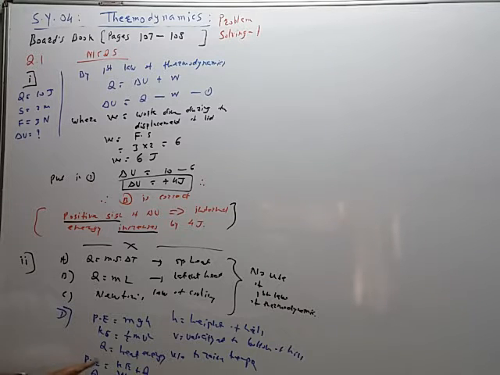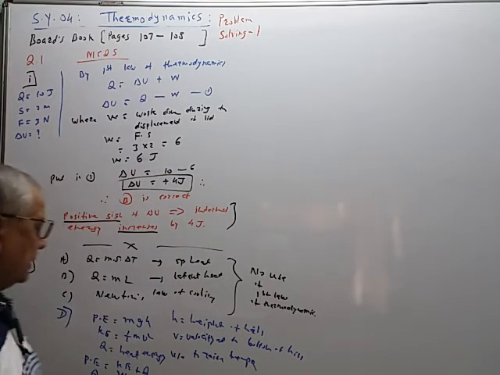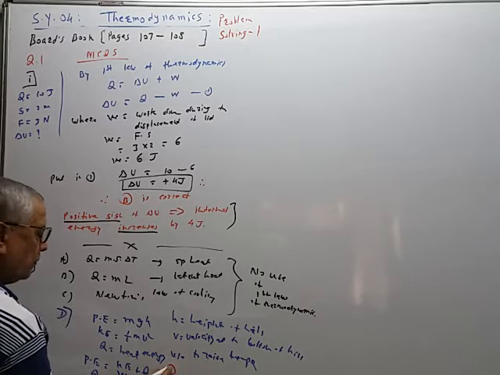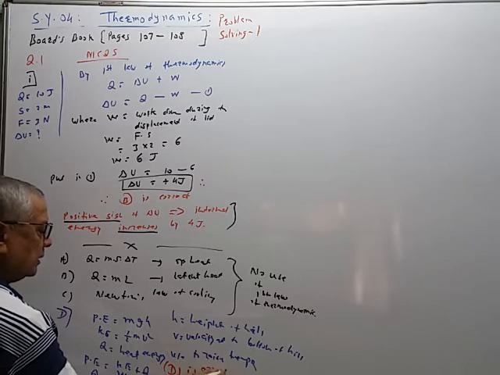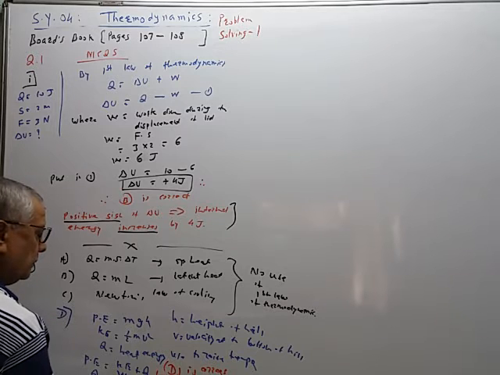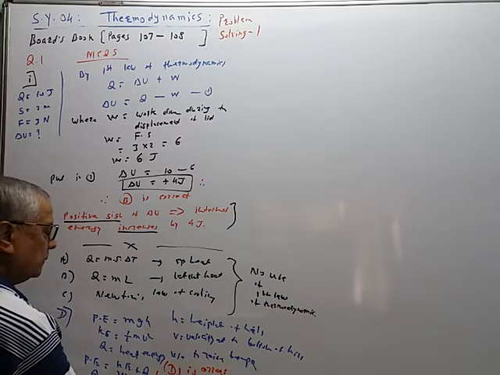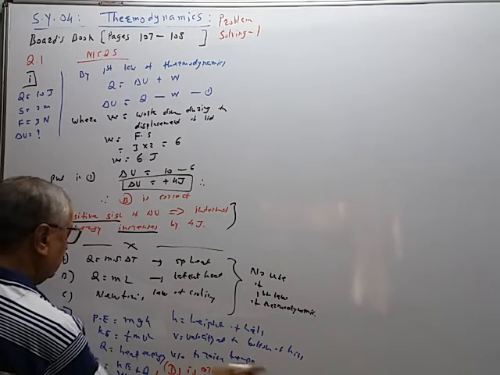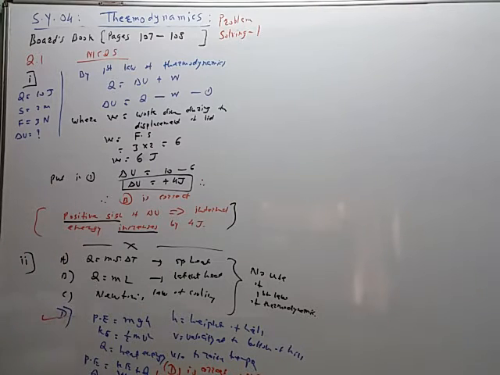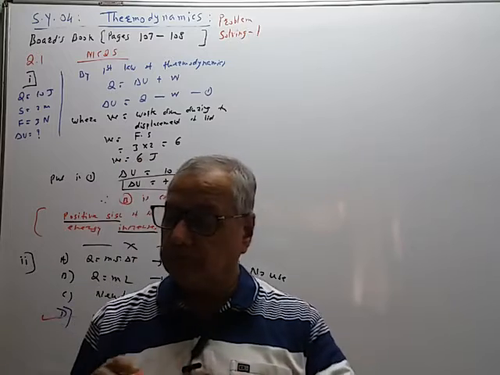So this potential energy of the system is used in two parts. So D statement is correct. It is the first law, the law of conservation of energy. D is correct. Law of conservation of energy. So D statement is correct. A, B, C are not correct.